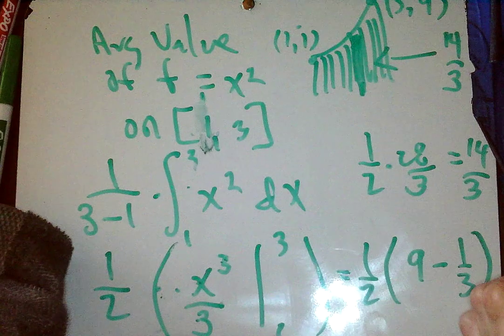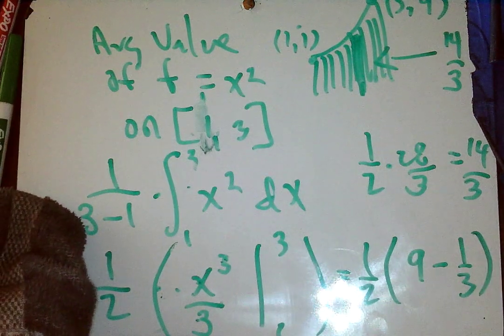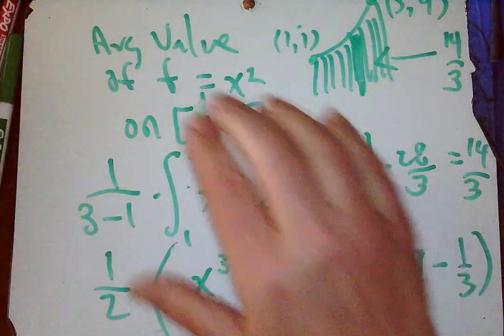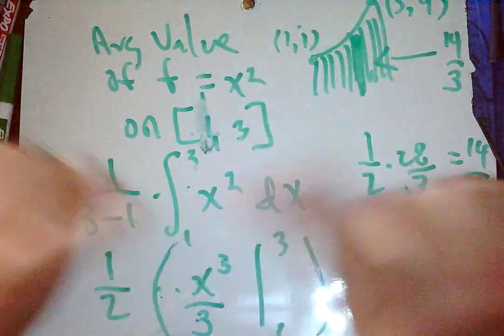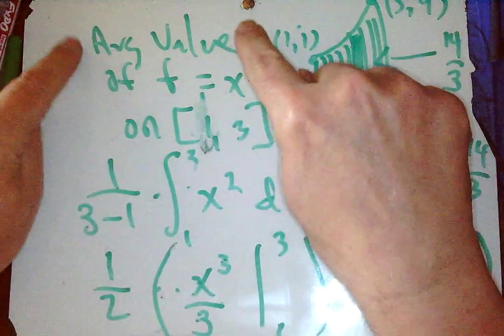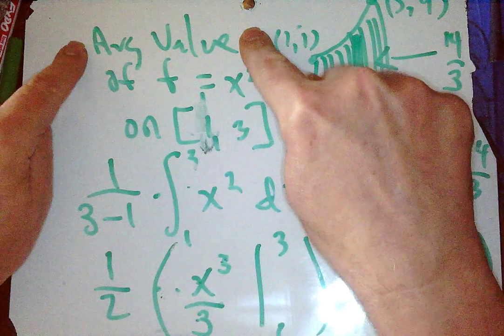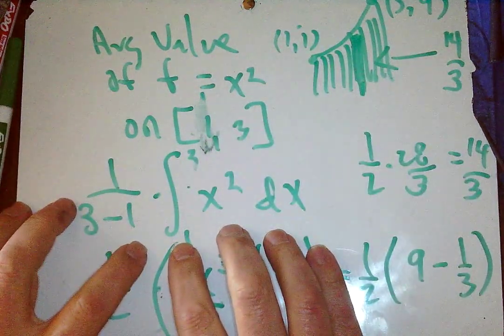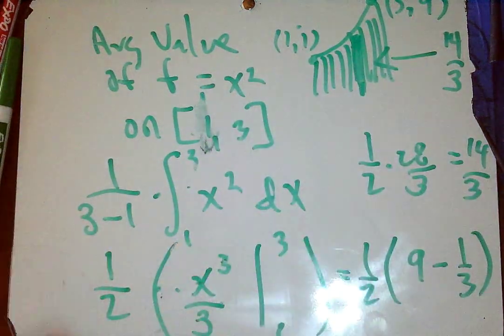Now, it's terribly, terribly important that you remember, if I'm looking for average value, not average rate of change, if I'm looking for average value, then I need to use this formula. I need to use 1 over b minus a times the integral from a to b of f of x dx. That's the average value.